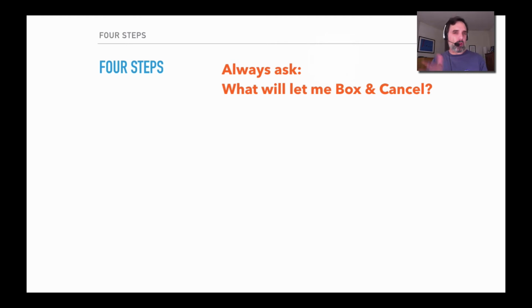You sort of got to what you needed to box and cancel just by applying the elimination rules, without having to think about what will let me box and cancel. Now you need to think about it more, because that's going to guide your use of the flexible tools of introduction rules and subderivations and what contradictions you're looking for.